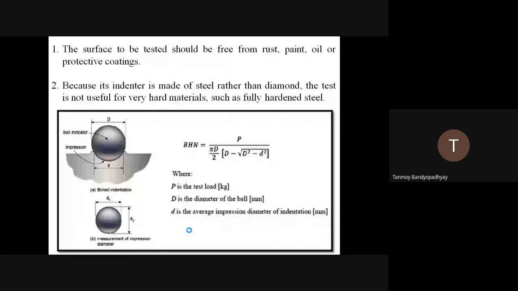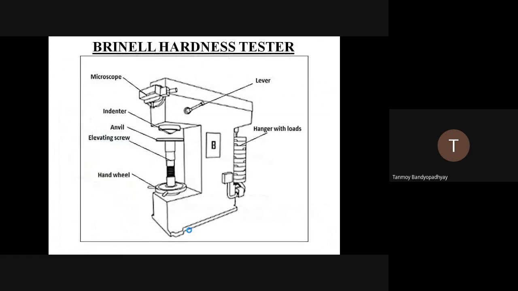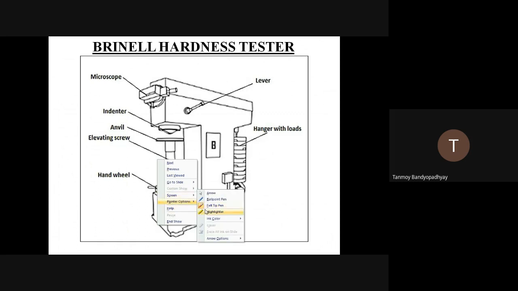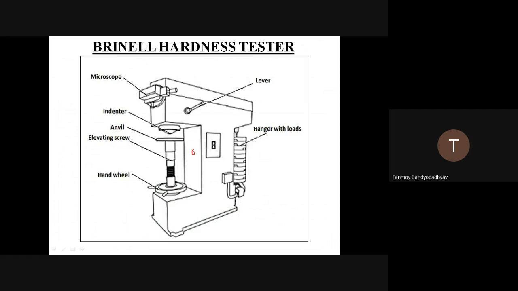medium hardness material. Generally, when you go to the lab and see the videography, I hope that will be there also. On the body of the machine, you'll be having a testing apparatus like this, a Brinell hardness tester or something like this. At this point, there is a chart fitted on the body of the testing machine, where they have given for what type of materials you can use this tester.